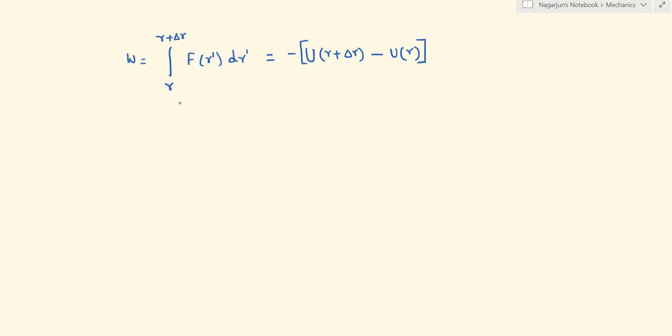Or I can express U of r plus delta r minus U of r is equal to minus integral r to r plus delta r F of r dash dr dash.